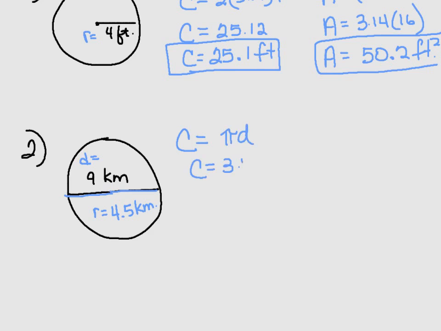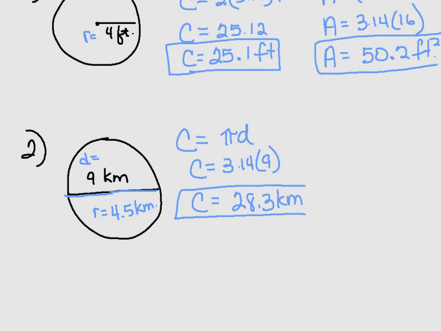Circumference equals 3.14 times 9. 3.14 times 9, rounded to the tenths, would be 28.3 kilometers. Notice that circumference is not in units squared. Circumference is in linear units because circumference is simply the distance around the figure. It's not considering 2 dimensions.